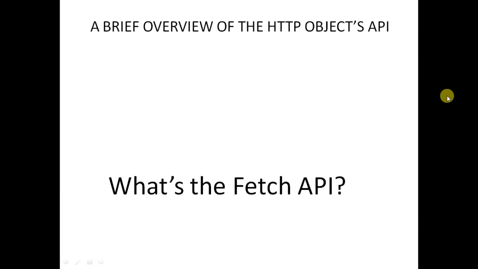To extract the body's content from the response, you need to use one of the methods in the response object. Each method expects the body to be in a certain format. You read the body as plain text using the text method, which returns a promise.